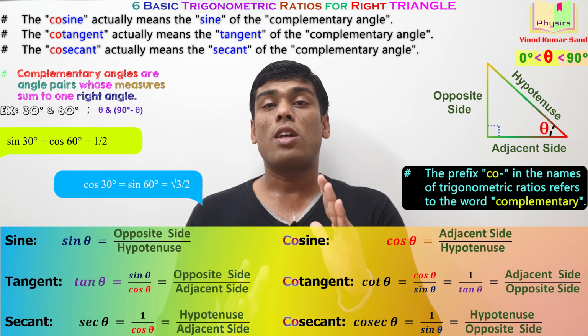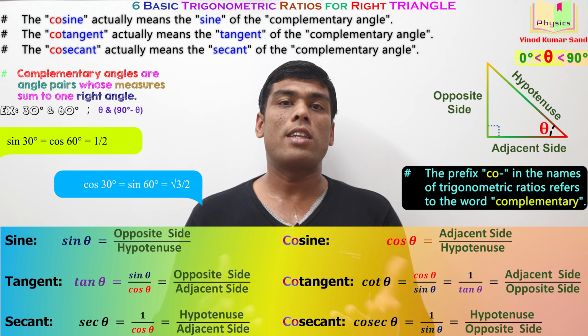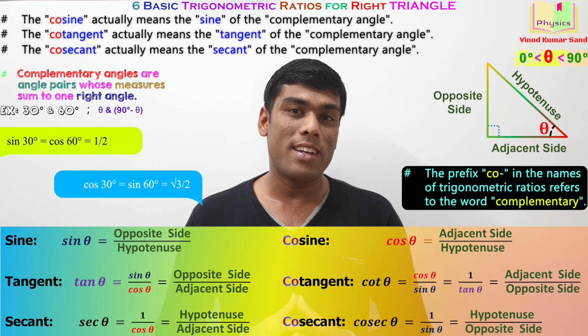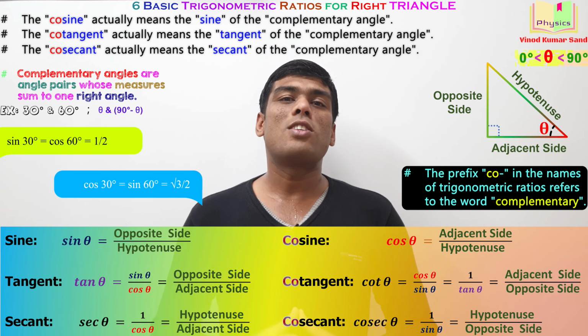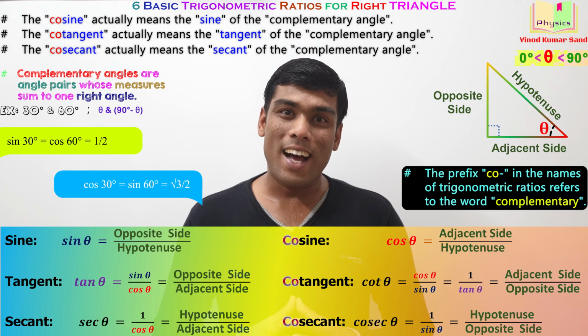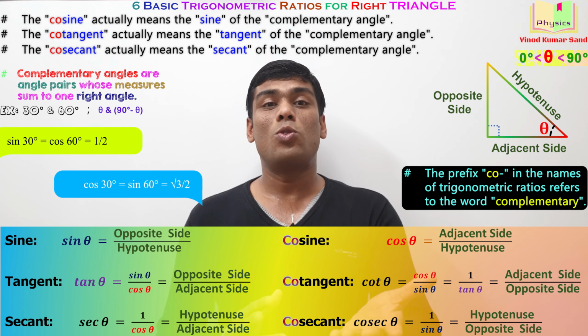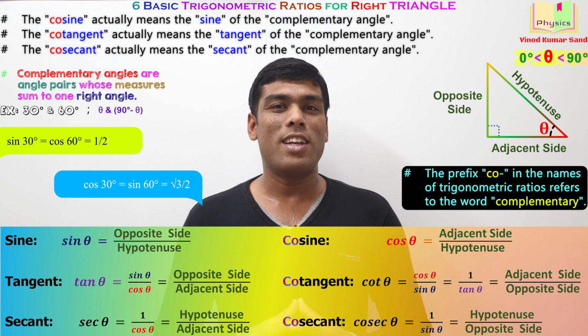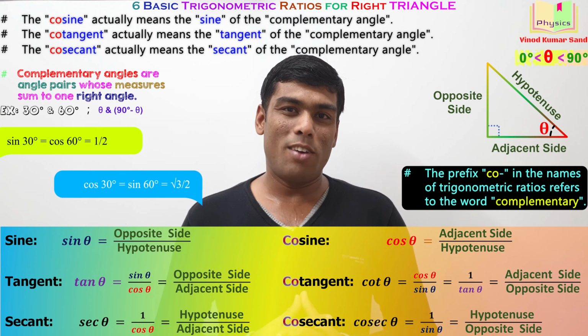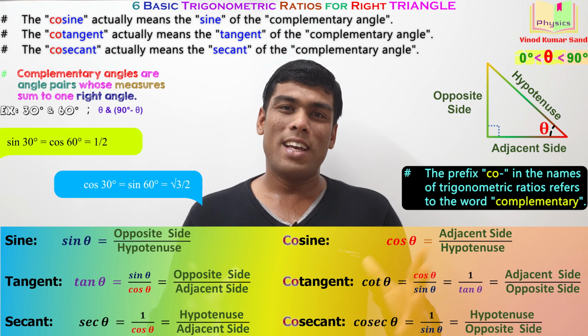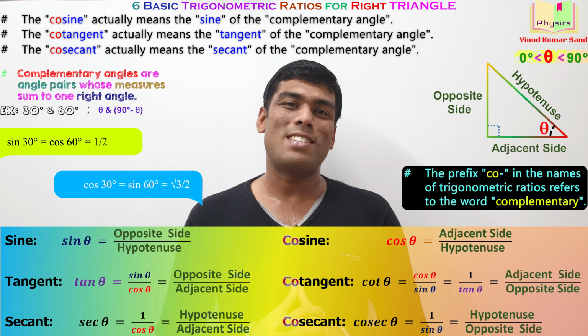Okay. Suppose someone asks us, find the value of sine of minus 30 degrees. You cannot use these ratios to obtain that answer. Someone asks you, tell the value of sin 0 degrees. Using this definition, using these ratios, can you find the value of sin 0 degrees?